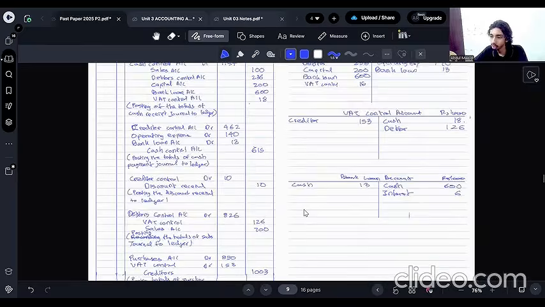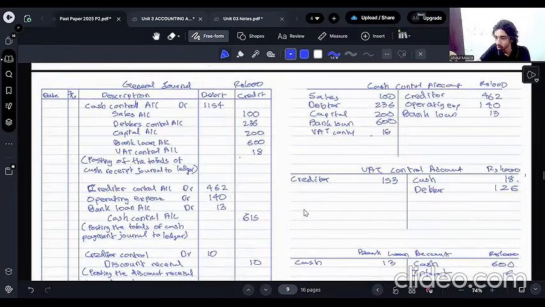Okay, now you can balance off this account. Total of the debit side will be 100 plus 236 plus 200 plus 600 plus 18, 1154. If you deduct the values in the credit side, minus 462 minus 140 minus 13, that will be 539.